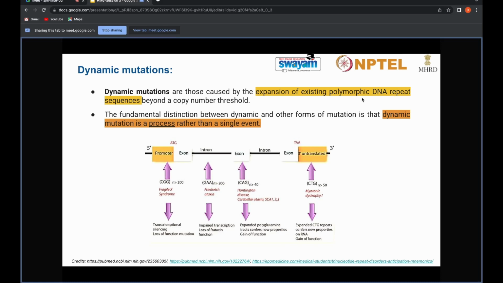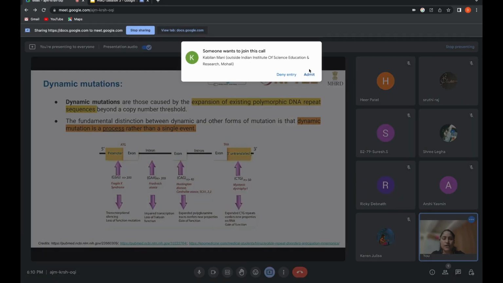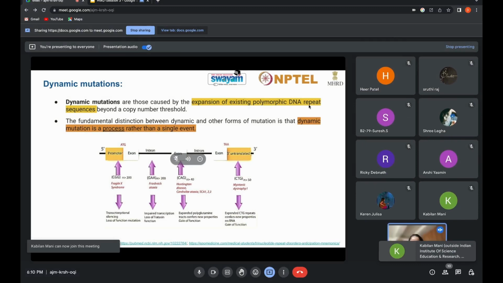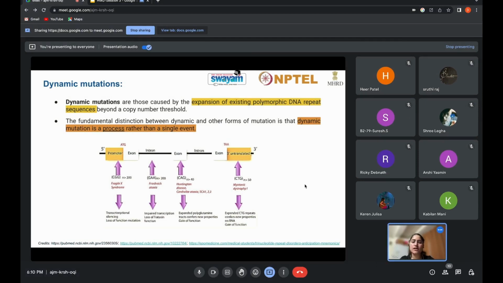As we know, the majority of our DNA is carrying repeat sequences, either satellite sequences or repeat sequences, minisatellites, microsatellites. There are many repeats present in the DNA sequence, but whenever these repeats exceed a particular limit, they are harmful for the cell. So dynamic mutations means whenever these repeats get expanded.